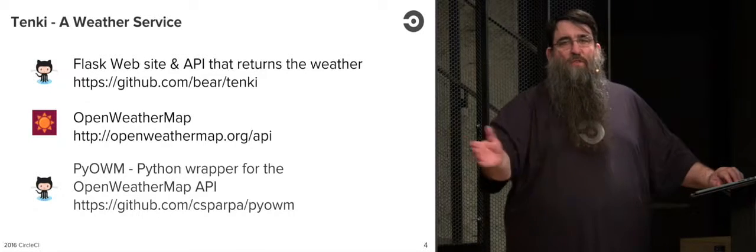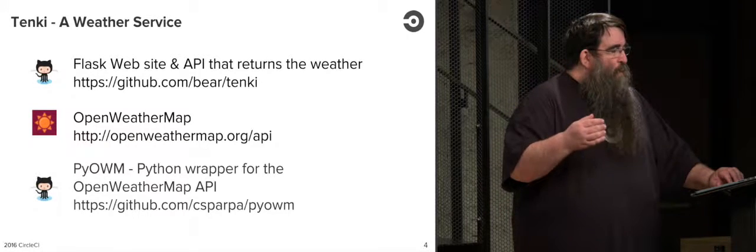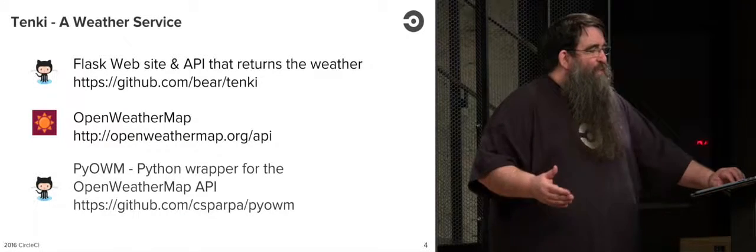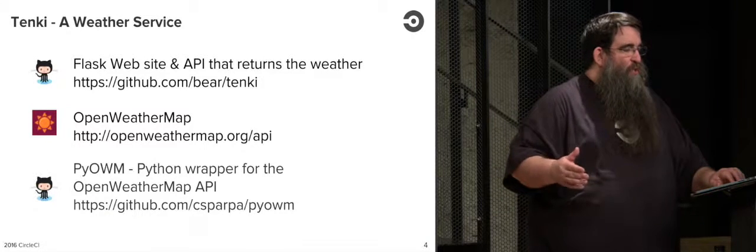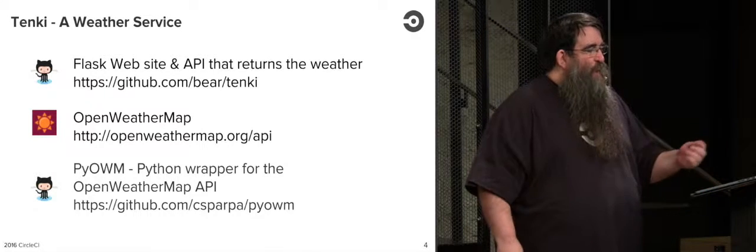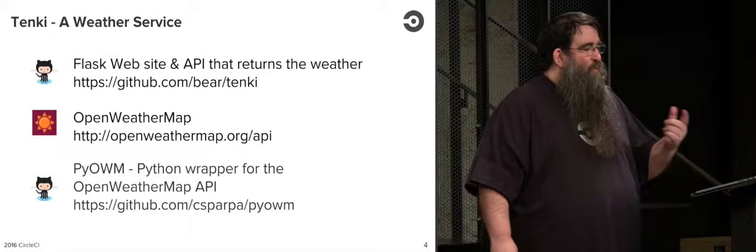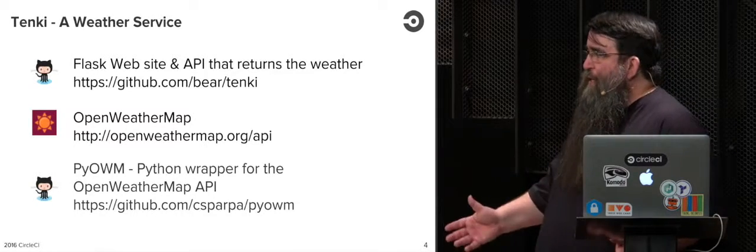I just don't want to give you a bunch of slides and some notes and say, here, go out and do it. To that end, I created a simple Flask app that uses OpenWeatherMap, the Python module PyOWM, to return the weather for any given zip code. This will require creating a Flask code framework, an API, which also will require calling out to an external service for data, all of which will end up needing to be tested.